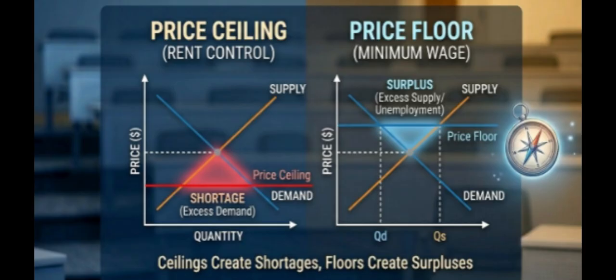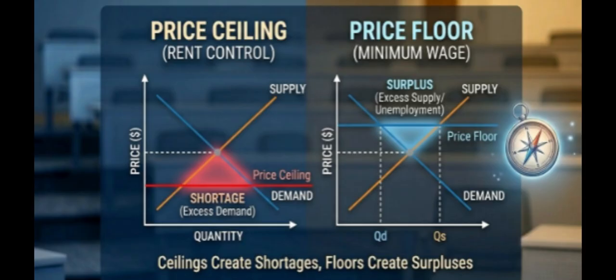This is the shortage that we discussed before also, shown by the red line right below the equilibrium point. The text at the bottom of the exhibit says ceilings create shortages, floors create surpluses.